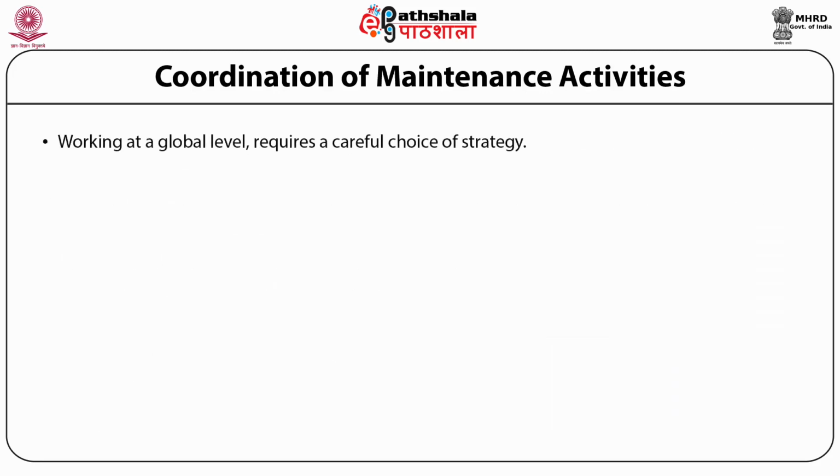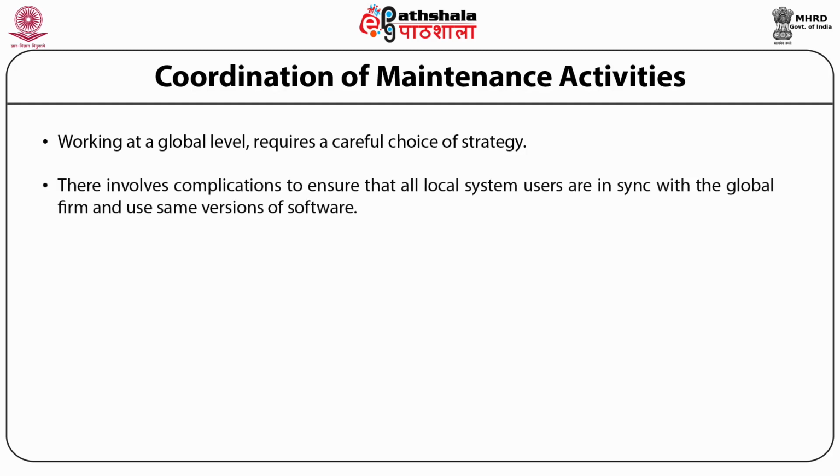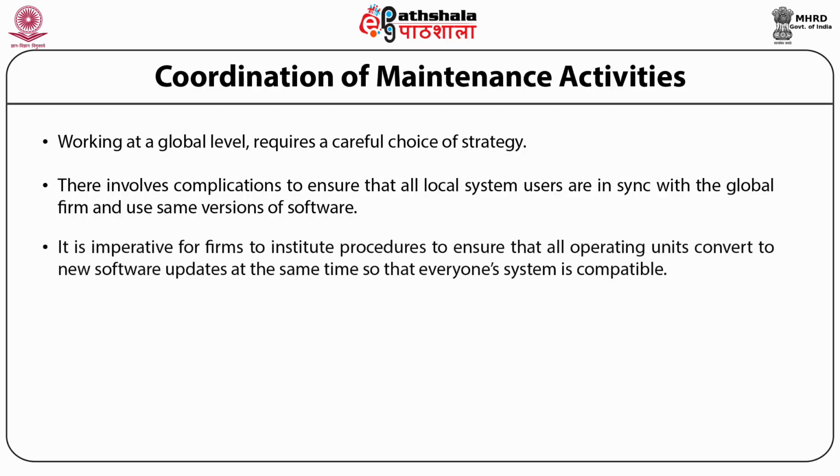Now, working at a global level requires a careful choice of strategy. It involves complications to ensure that all local systems used are in sync with the global system and use the same version of the software. It is very important for firms to have procedures and then ensure that all of the operating units convert to a new software update at the same time so that everyone is compatible.